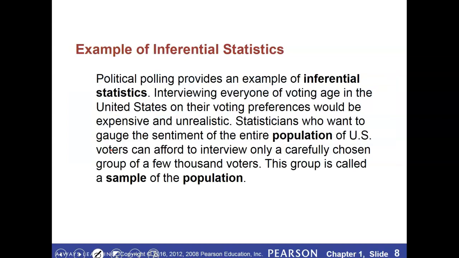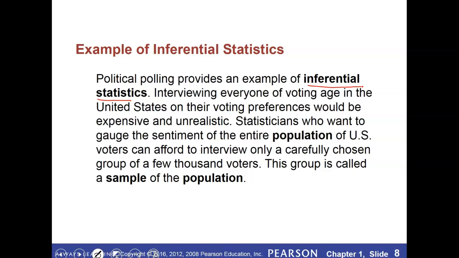All right. So an example of inferential statistics. Let's say political polling, and most of the time this is true, political polling is usually inferential. The only time that it's not is when we actually have an election. Then it's an election of the entire population because everybody in the United States can vote. And even then you can argue that only the people who voted would be the sample. You might have a president that's elected even though the majority of people wouldn't have voted for them if they had the choice, but the sample of people who did vote actually did vote for them.